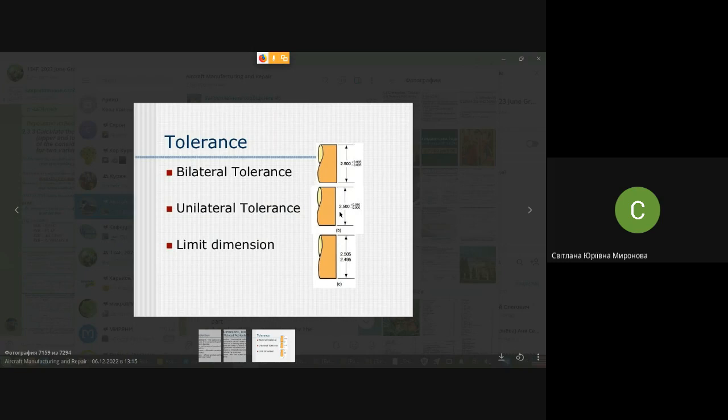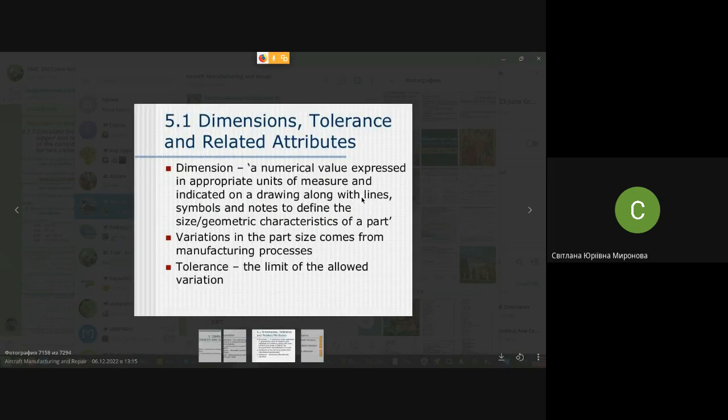Look at this tolerance. What we understand as tolerance is the limit of allowed variation of sizes. A dimension is a numerical representation of sizes, some engineering designation. The real sizes of real objects may deviate, may vary from the value given in a drawing, the so-called nominal or basic value.